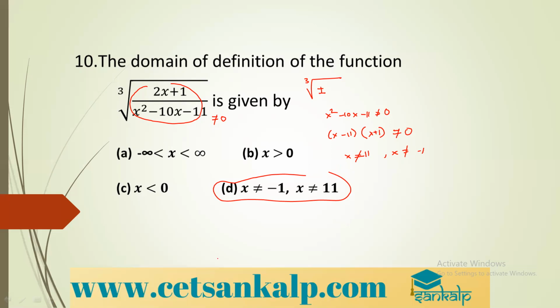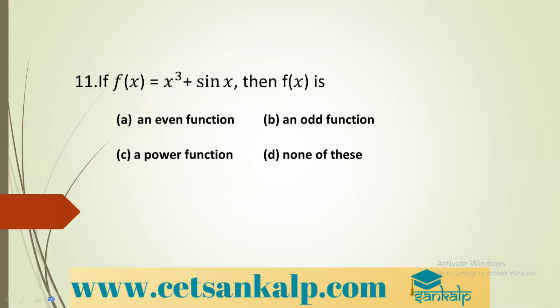Coming to the next question, that is question number 11. If f of x equal to x cube plus sine x, then f of x is what kind of function? Even function or odd function, we will see. I will find f of minus x.